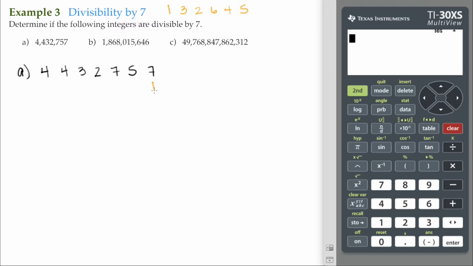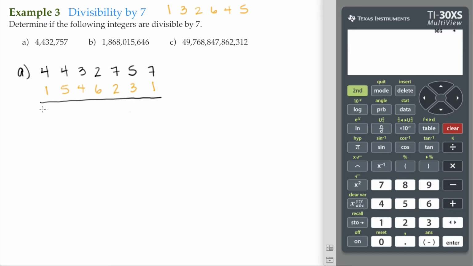That's going to be 1. Here's the tens position. This is the remainder for the tens. This is a 3. Here's the hundreds position. That's 2. Thousands. Here's the 10,000s. Here's the 100,000s. And it repeats. So I start back at 1. Here's the millions.